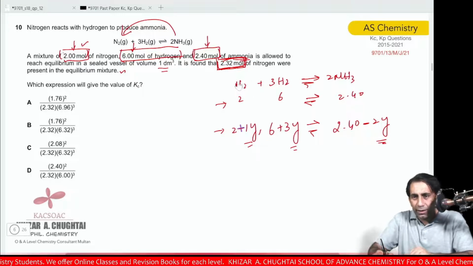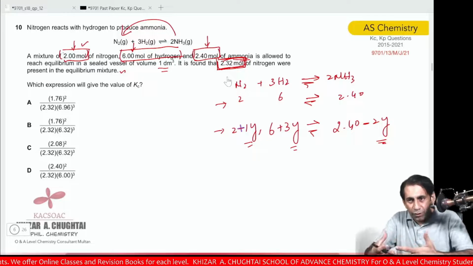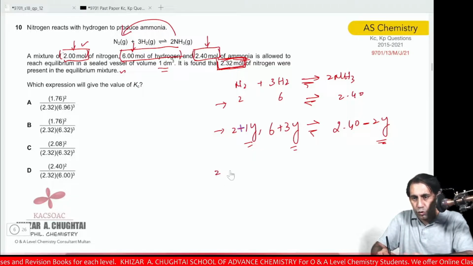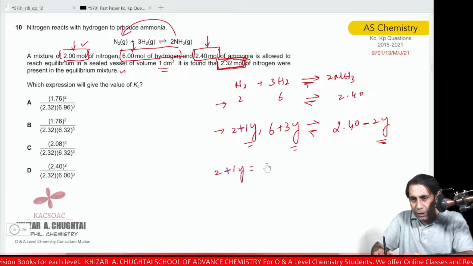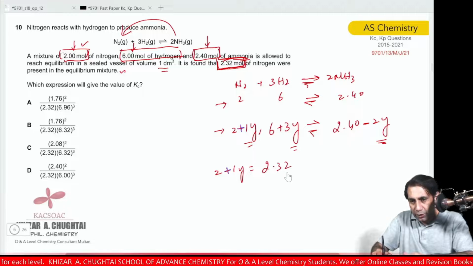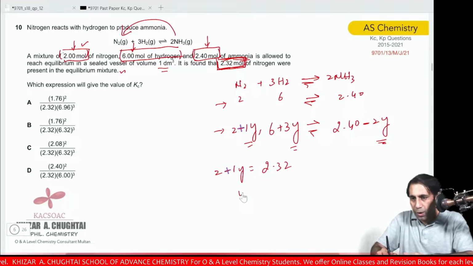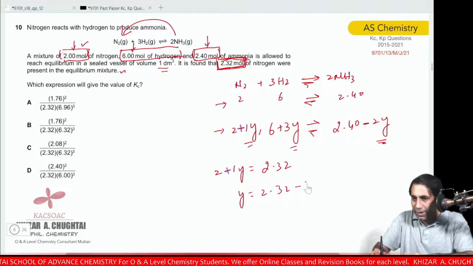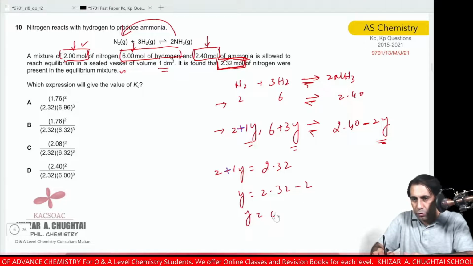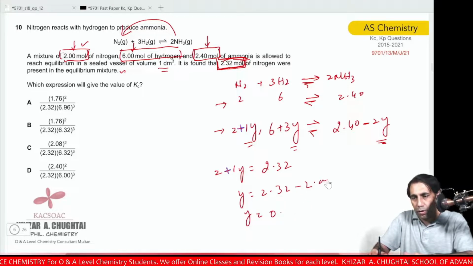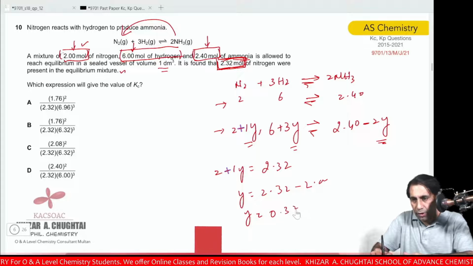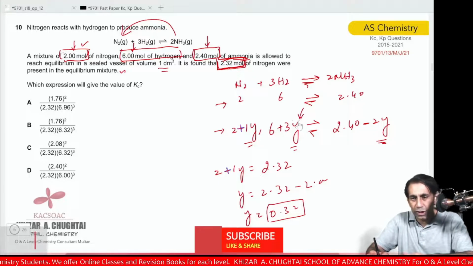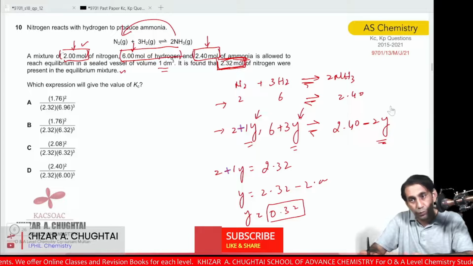We have seen that the amount of nitrogen at equilibrium is equal to 2.32. So 2 plus 1y is equal to 2.32. I mean, y is equal to 2.32 minus 2, and y is equal to 0.32. So put the value of y, that is equal to 0.32.